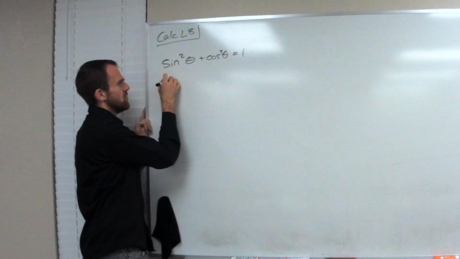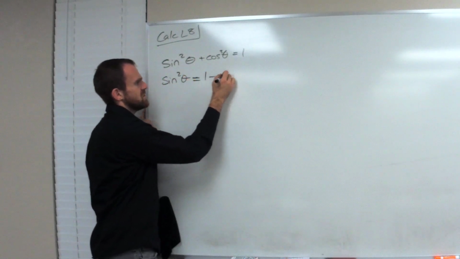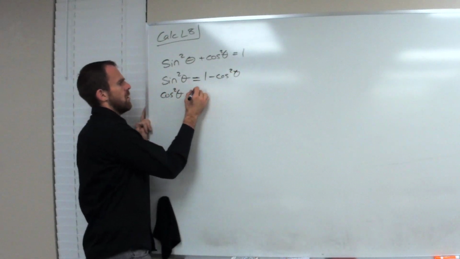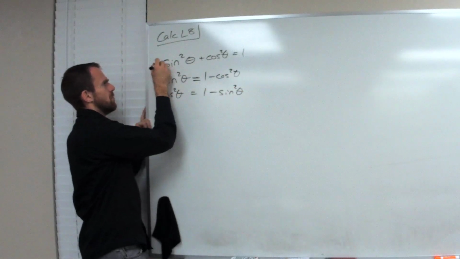I can solve for sine squared theta, which is 1 minus cosine squared, and cosine squared, which is 1 minus sine squared. So these two come from this one.